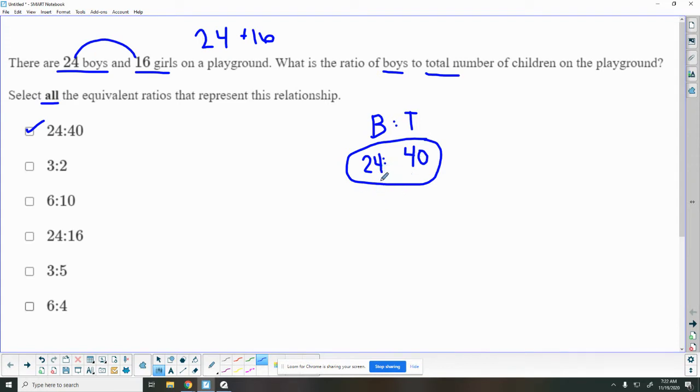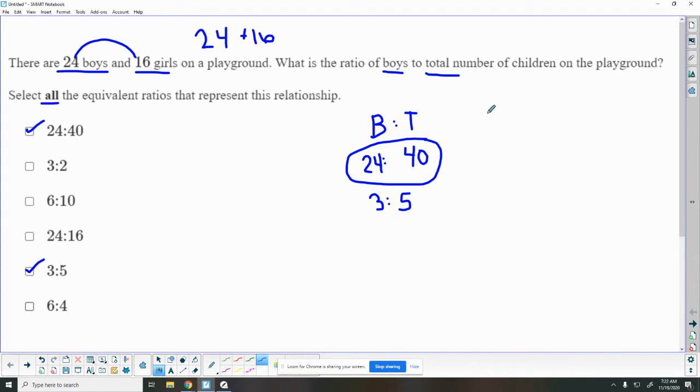Nope, not 6. 8. There we go. So 8 goes into 24 3 times, and 8 goes into 40 5 times. Now the only thing that can go into 3 and 5 is 1. So this is simplified. So 3/5 is the same ratio. Every time you have 3 boys, it means there's 5 total kids.